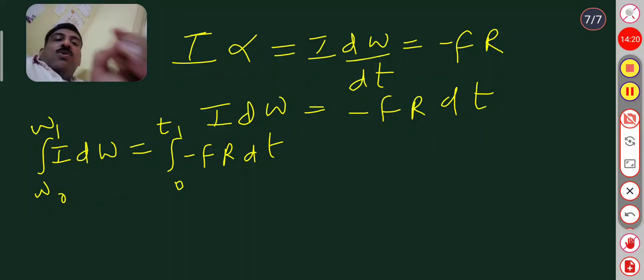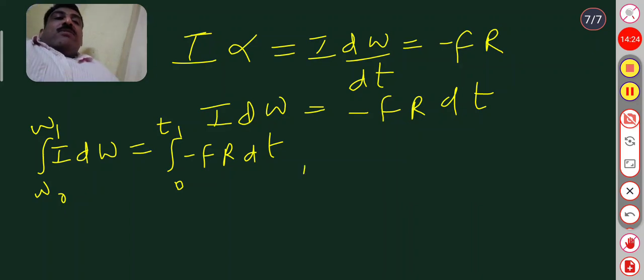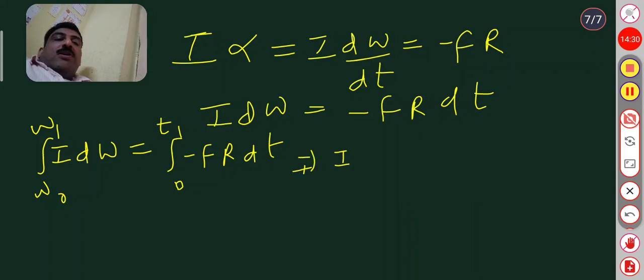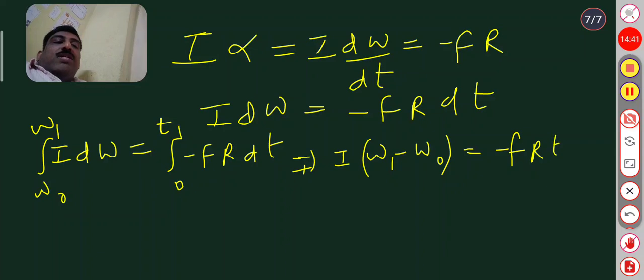When you integrate it, the relation which you will get is I into omega 1 minus omega 0 is equal to minus fr into t1.